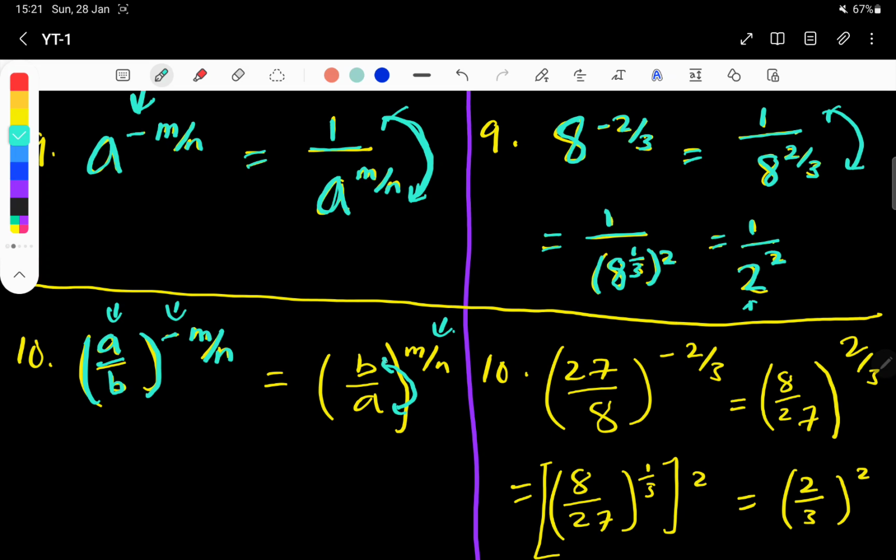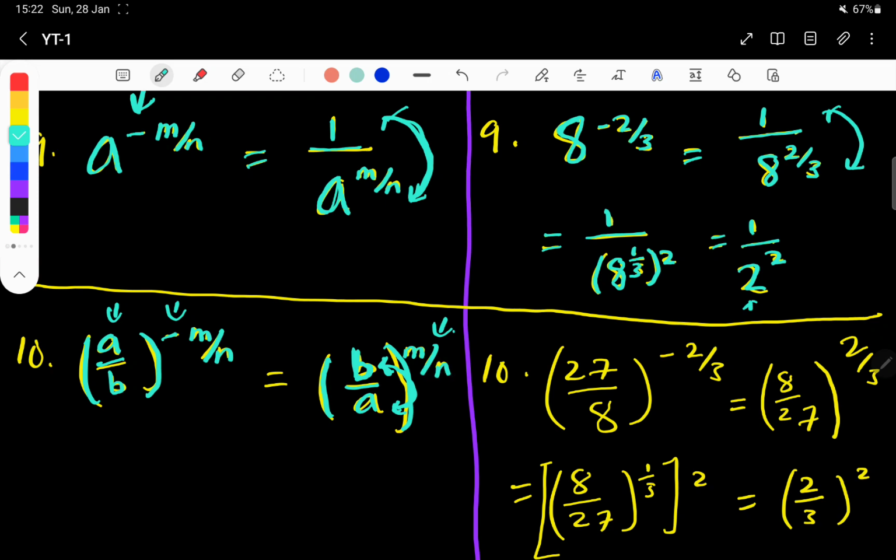What you need to do, upside down it, so that you have b over a, close the bracket, you will still have the same power of m over n.